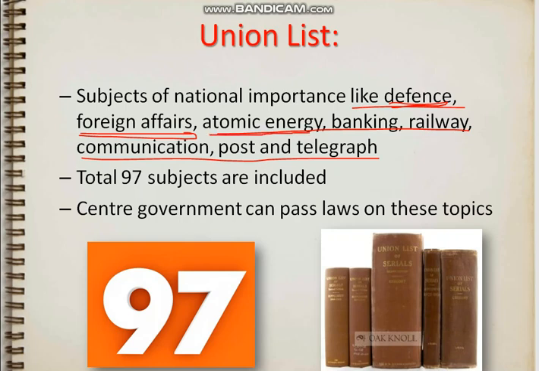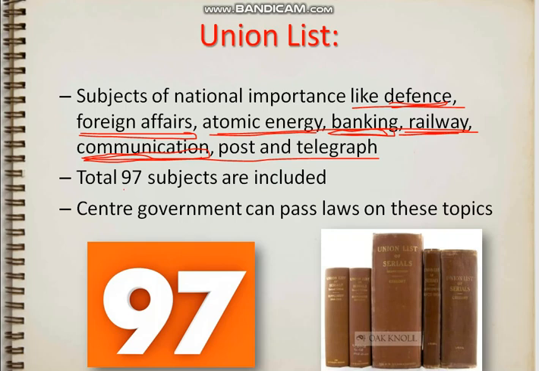Atomic energy, banking, anything related to banking is also considered by the union. Railways, see, you might know about the budget, in that railway has a great share. Then communication, okay, the licenses related to the users and all other things, post and telegram. So all these are subjects on which the union list takes decisions.